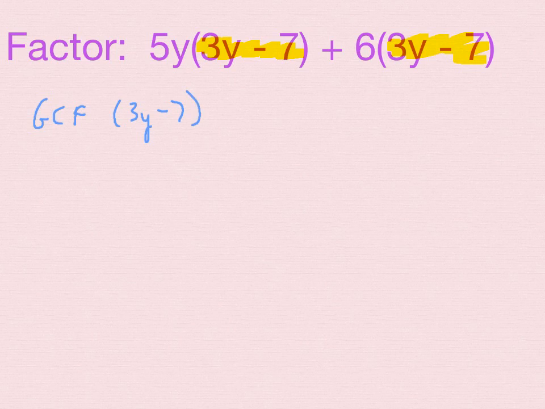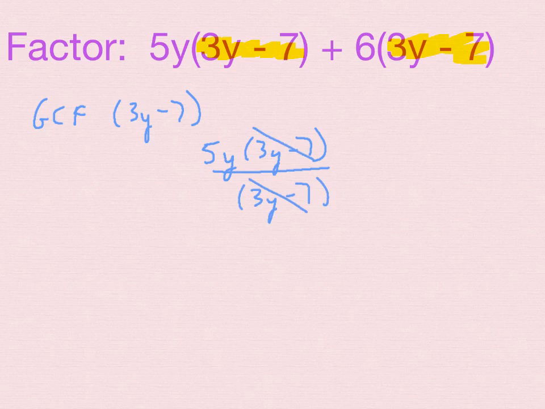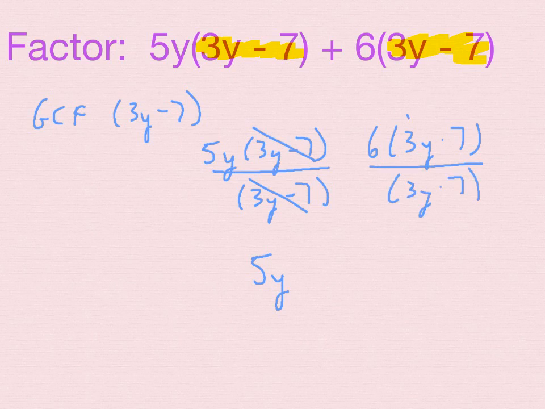So to factor that out, it would be like taking 5y times 3y minus 7 and dividing by 3y minus 7. Those cancel, leaving you with 5y. 6 times 3y minus 7 divided by 3y minus 7, again, leaves you with a plus 6. And then, of course, that GCF sits out front.